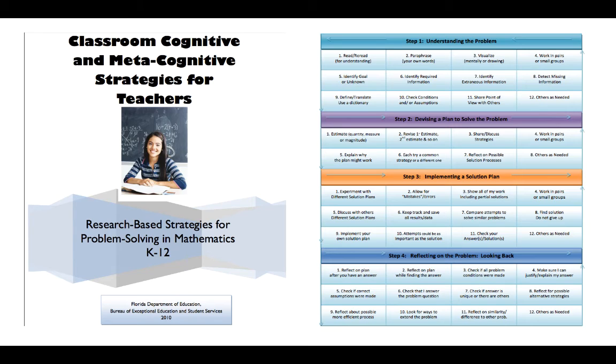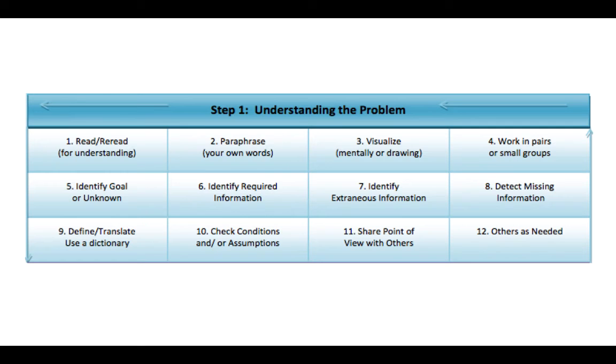Now, there's a number of different research-based strategies that go along with problem-solving in mathematics. They're grouped as metacognitive strategies. It's a nice piece from the Florida Department of Education that I'll give a link to as a resource if you want to look at it in greater detail. But let me pull out the 4 primary steps. Step number 1 is understanding the problem.